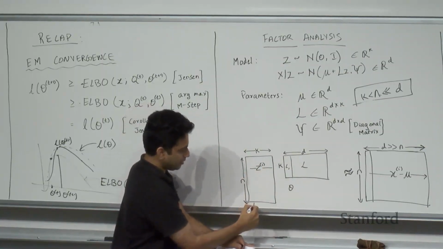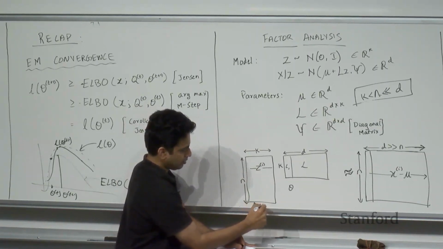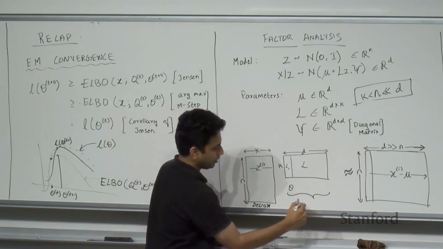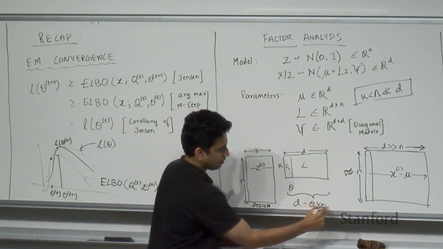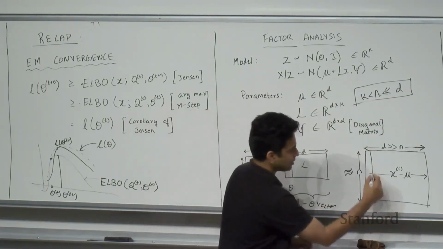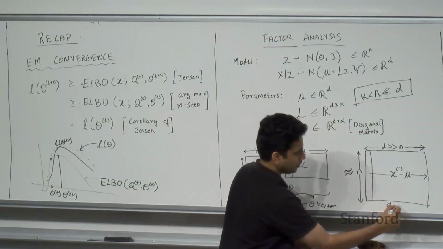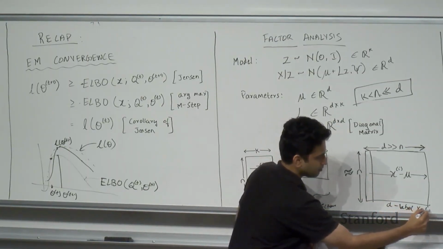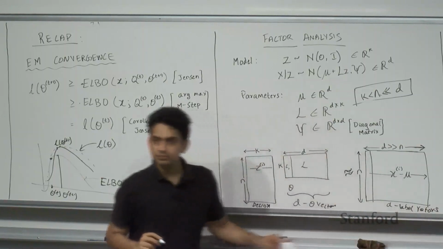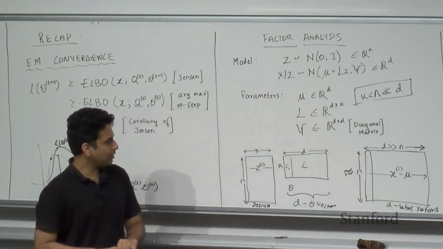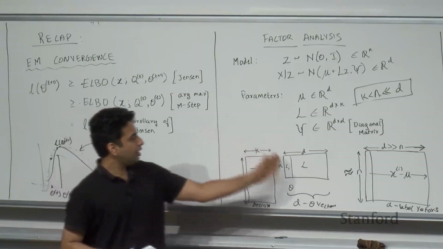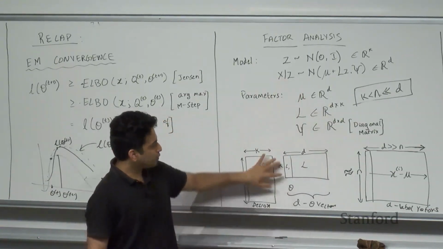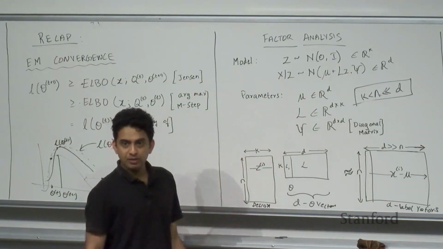So think of this as the design matrix, this as d theta vectors, and this as d label vectors. So for each dimension in which x lives, we associate a parameter vector. That's one way to think of it.